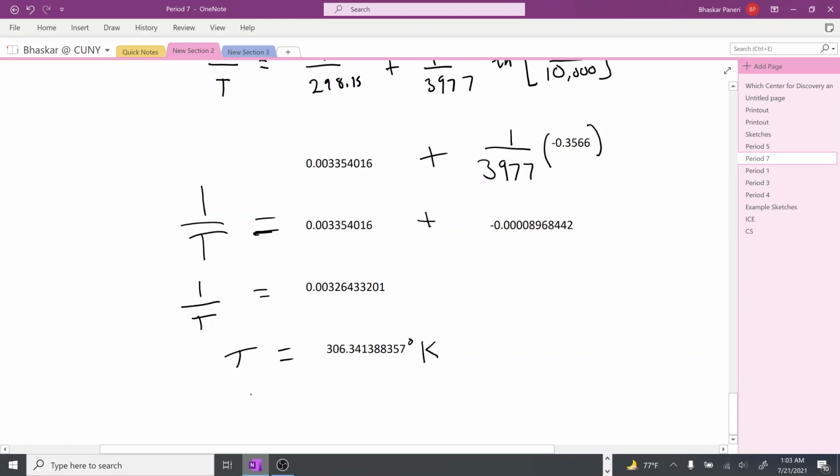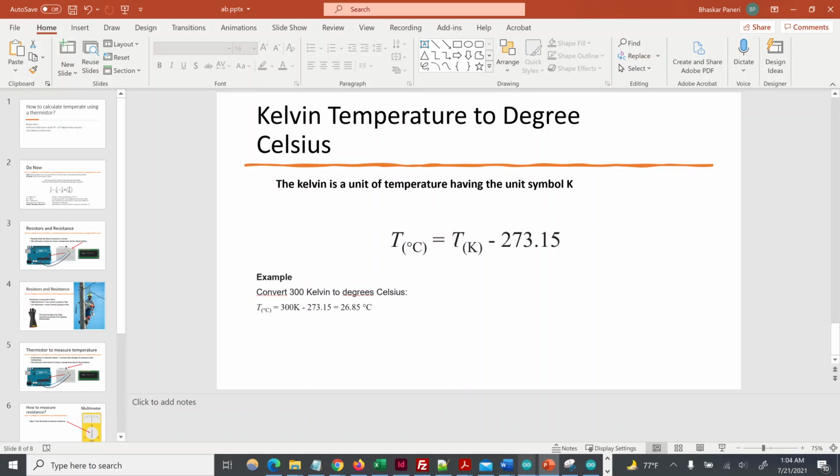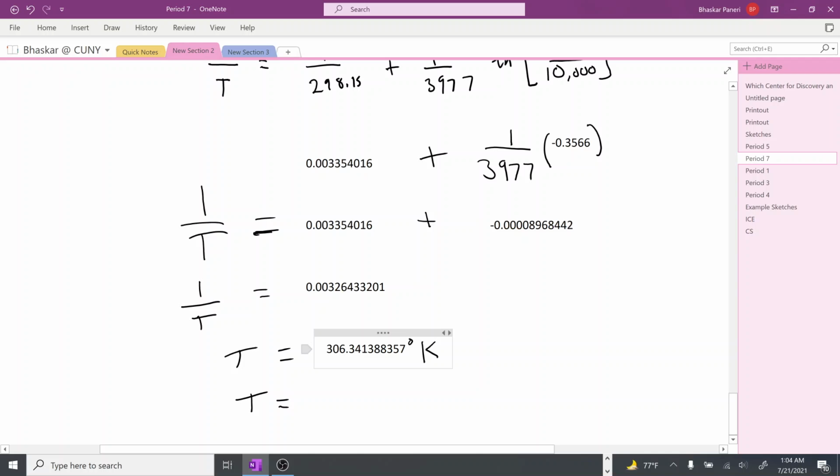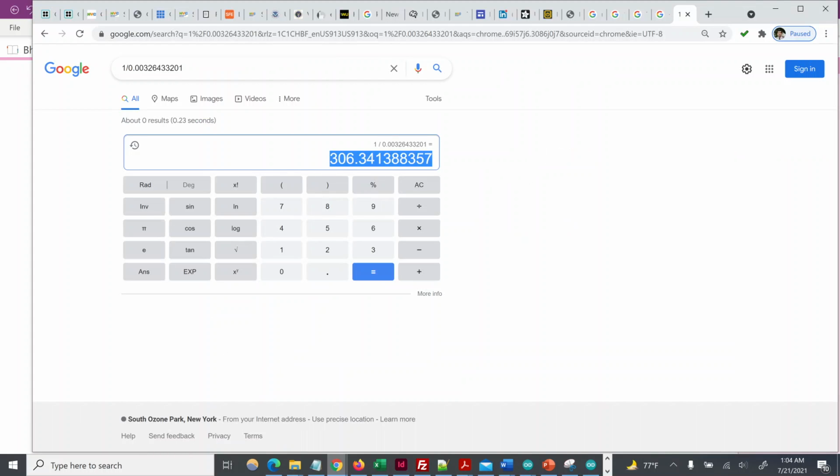If I want to change that into degrees Celsius, then all I have to do is use the degree Celsius equation, which is here, the temperature minus 273.15. So that minus 273.15 is equal to 33.